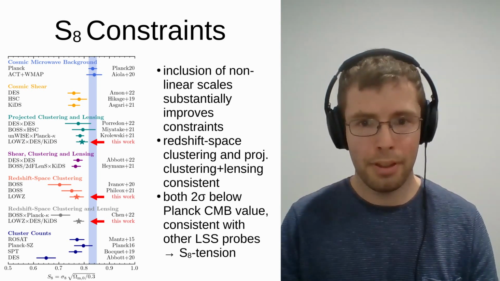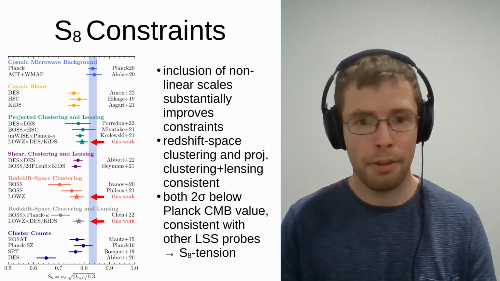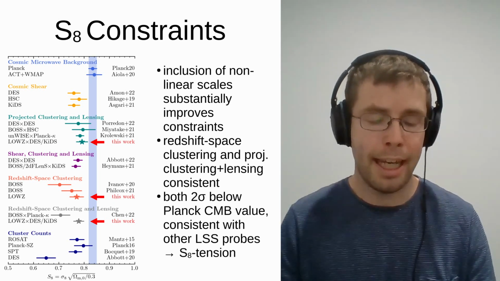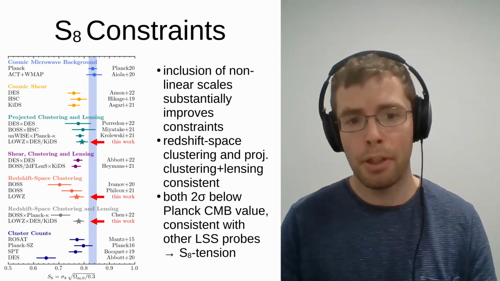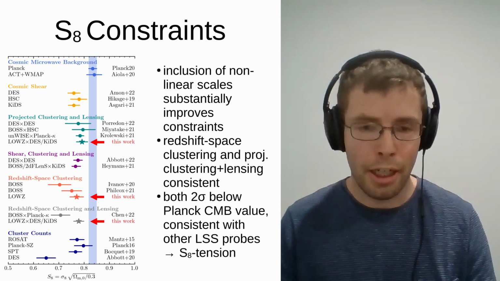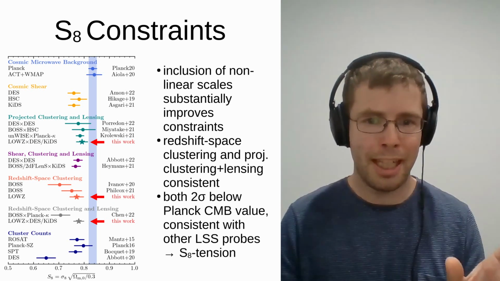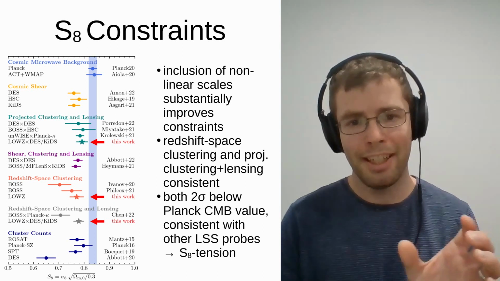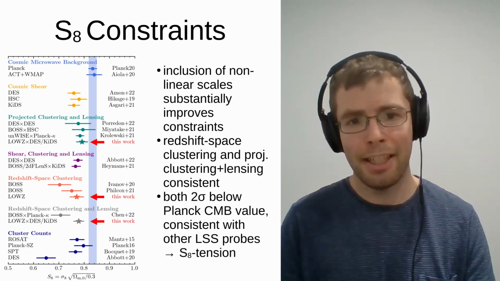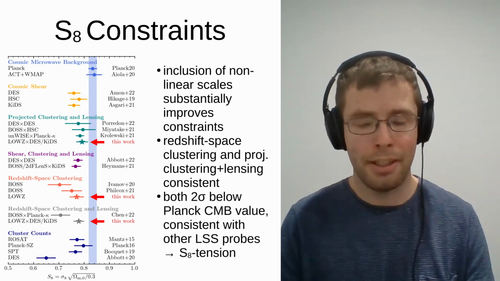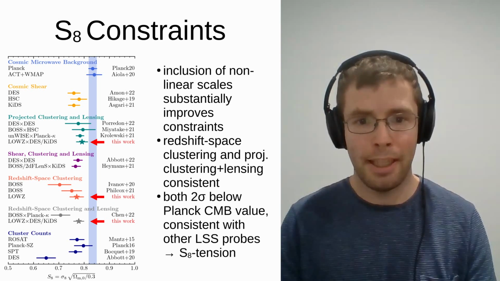The first 2, by Ivanov and Philcox, are based on the analysis of both BOSS-LOWZ and BOSS-CMASS. That's almost a 3 times larger galaxy sample, but it's only focused on large scales. Here we're only analyzing a smaller subset, the low-z sample, but by including highly nonlinear scales, we actually get a more stringent constraint on S8 that's also now very consistent with constraints coming from cosmic shear and galaxy-galaxy lensing.